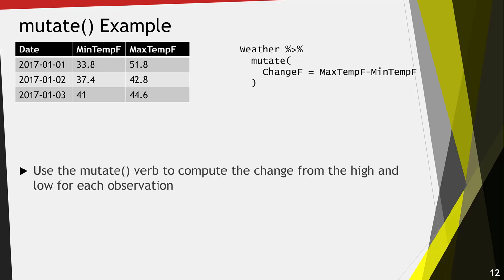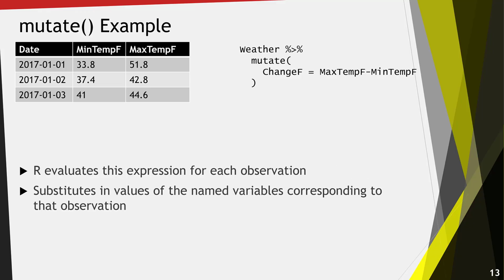So what I have here in my sample code, I take the weather tibble, I pipe it to the mutate verb, I specify change f as the variable that I'd like to create, and then I say it's equal to this expression of max.tempf minus min.tempf. R is going to substitute values for these named variables corresponding to the correct value for each observation, and then evaluate the expression for each observation, putting that value in the column change f.